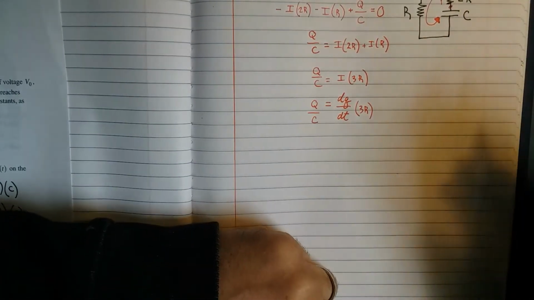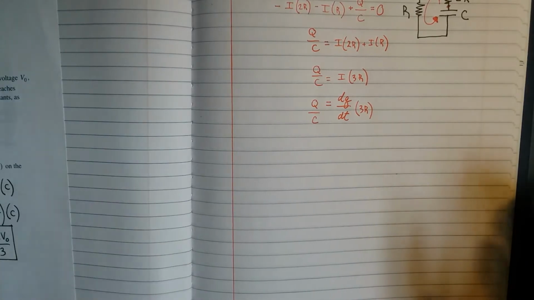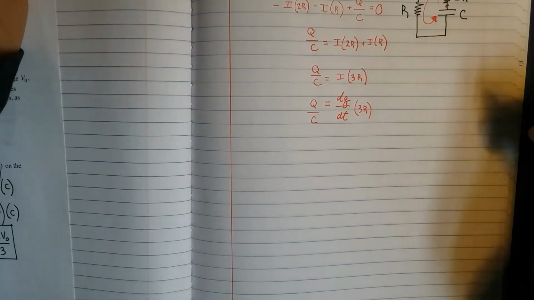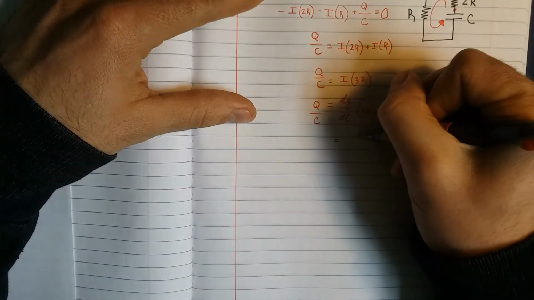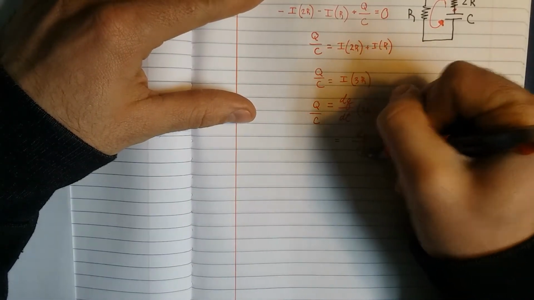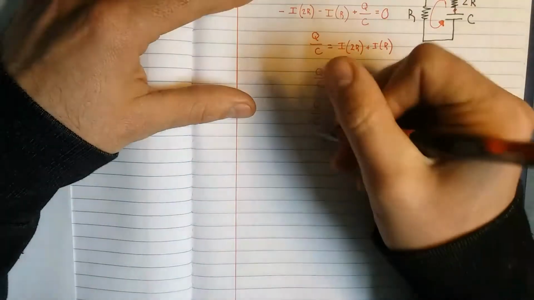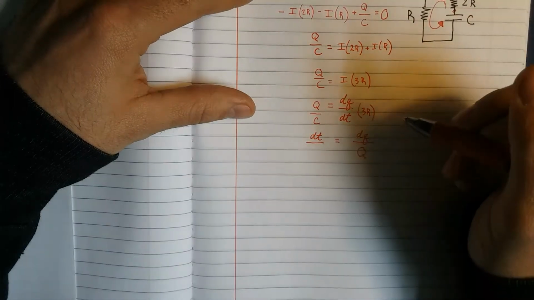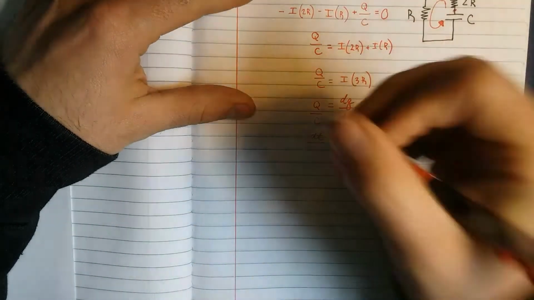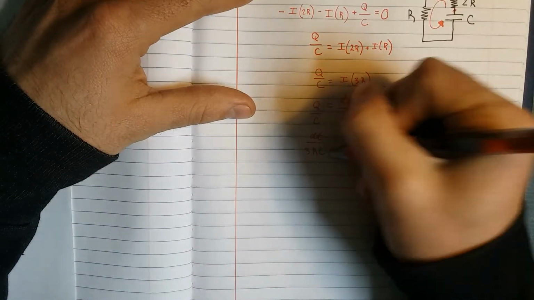At this point, you might technically be done, but I'm usually in the business of getting these ready to solve, so I want to separate some variables here. And what I can do is put all my Q's on this side, dQ over Q, and then bring that dt over here, so I'll integrate that from 0 to t at some point. And then this becomes 3RC.